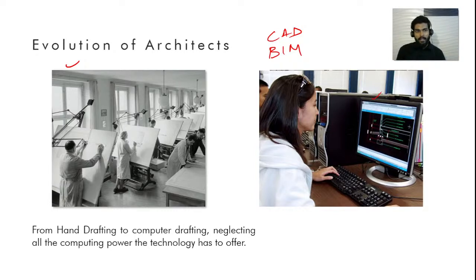But the thing is, earlier when we had to draw a line, we took a ruler and a pen, and we drew a line manually. Now when we have to draw a line, we give a command called L, enter, on AutoCAD. If you guys use AutoCAD or any other similar tool, you must know. So the manual work is still there.